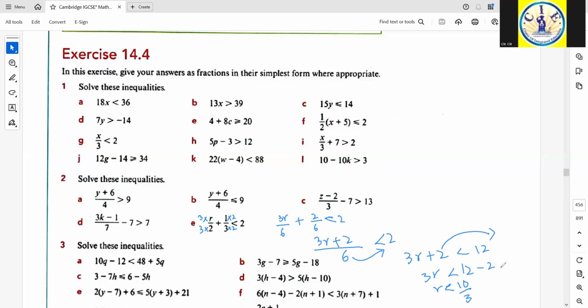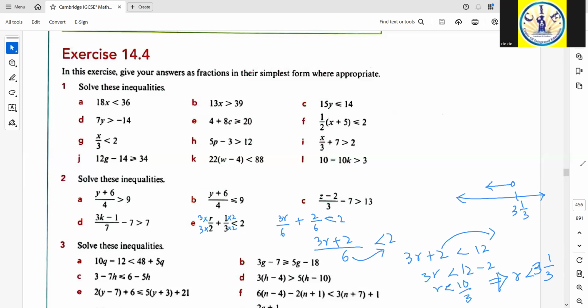So that will give us, for example, r less than 3 whole 1 by 3, depicting it on the number line. So you can just say it 3 whole 1 by 3, and the values of r are lesser than that, like this. So this is how we do these parts of question number 1 and 2.